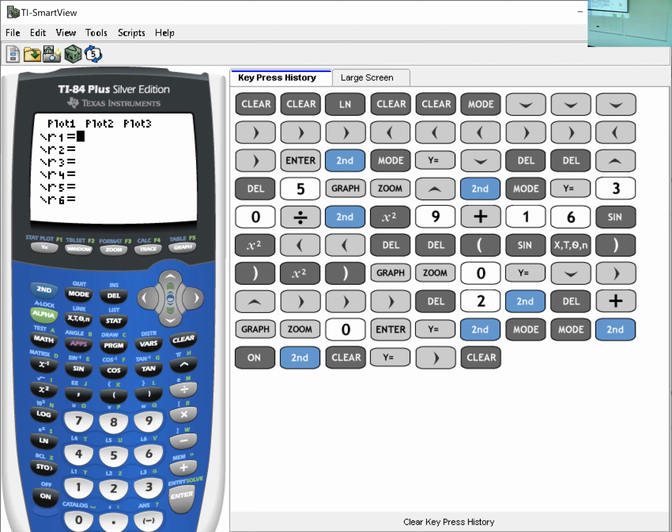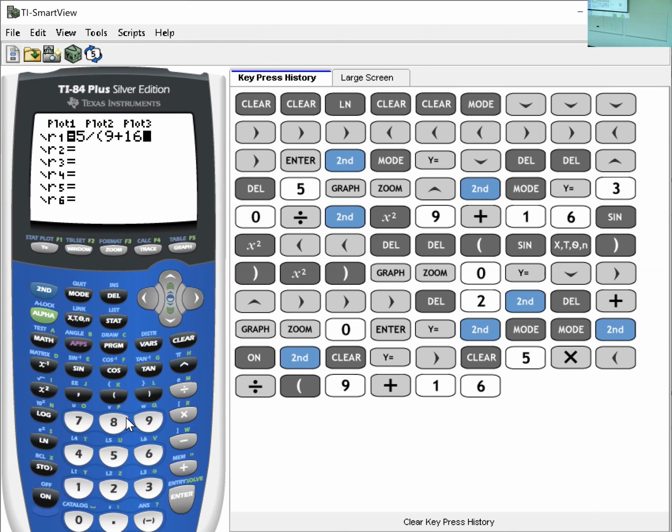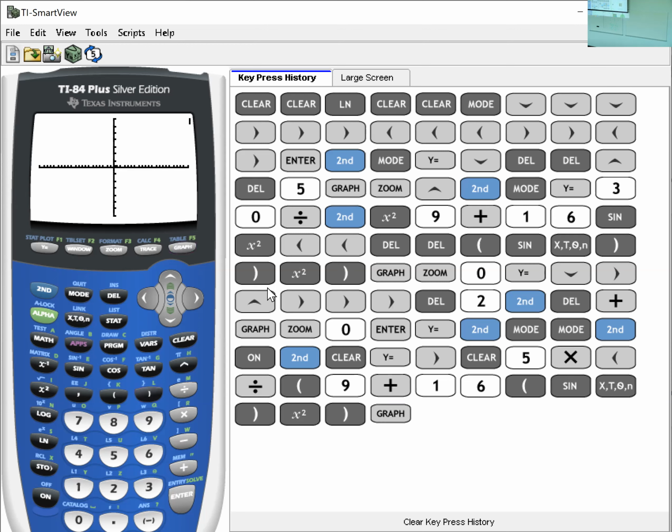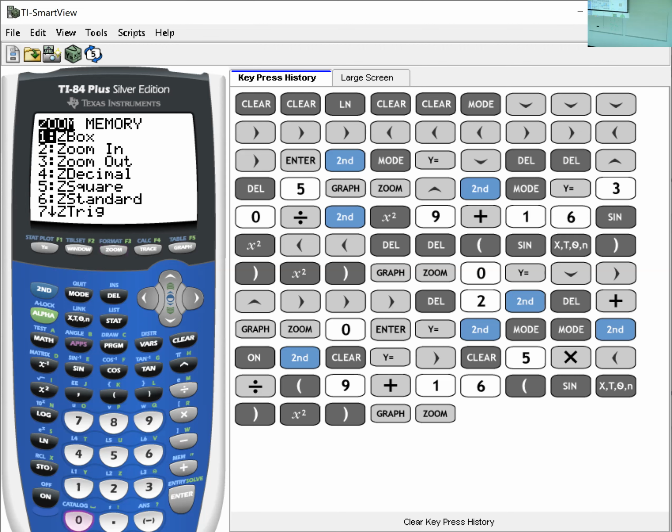Let me change this to 5, and hopefully that works. 5 divided by 9 plus 16 sine squared theta, so sine theta squared, close parentheses, zoom 0.